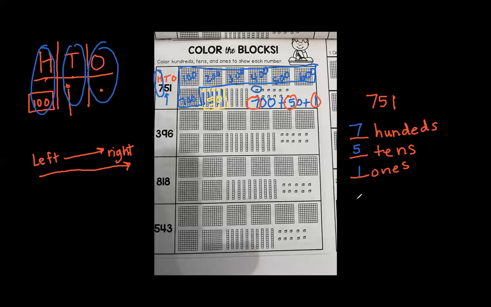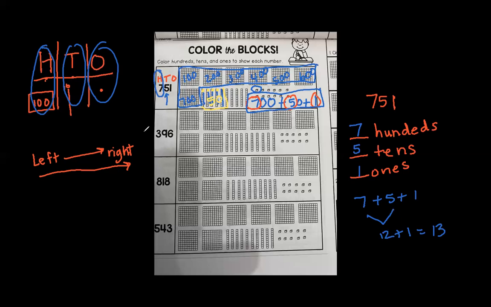We would not write 7 plus 5 plus 1 because 7 and 5 is 12, plus 1 more is 13. This is why it's important when we write it in expanded form that we look at the value of each digit. 700 plus 50 plus 1.